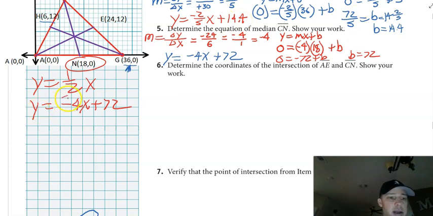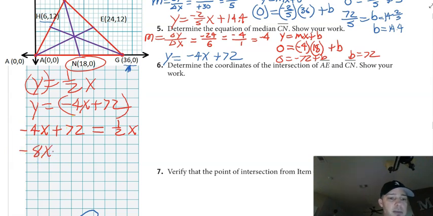So if I know what y equals in one equation, I can substitute it into the other equation. So I can start with negative 4x plus 72 equals 1/2 x. If you want to get rid of the fraction, you could just multiply everything by 2 now. I'm going to go ahead and do that. Multiply both sides by 2, so I'll distribute both of these.